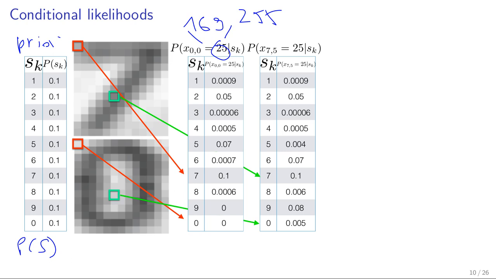So with this naive Bayes trick, we have just a multiplication here. It's a big number, but we can afford to do that in a computer, whereas if we didn't have this independence assumption, we would have this exponentially out of bounds.